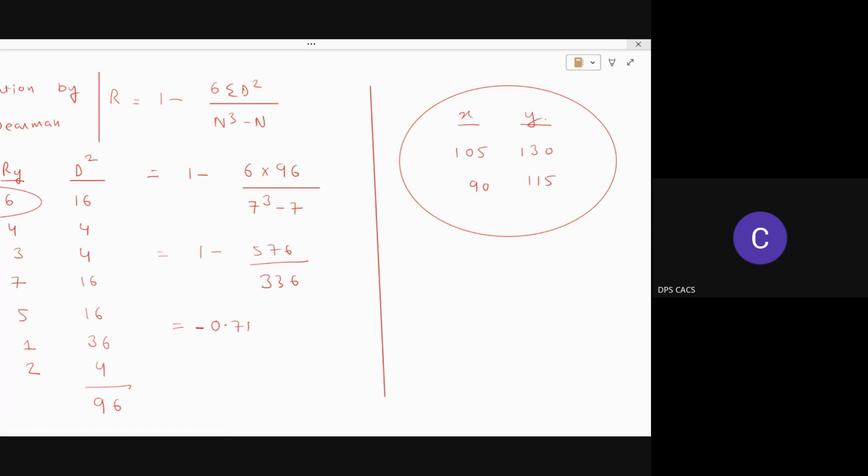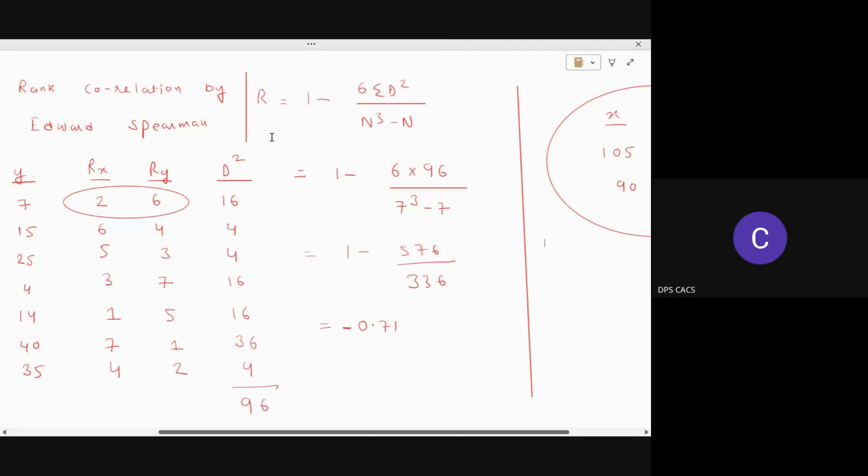Yes? Perfect positive. How many people are saying perfect positive correlation? How many people are saying perfect negative correlation? Very good. This is a perfect positive correlation. They are going in the same direction and with the same value or magnitude, right? Are you okay with that?